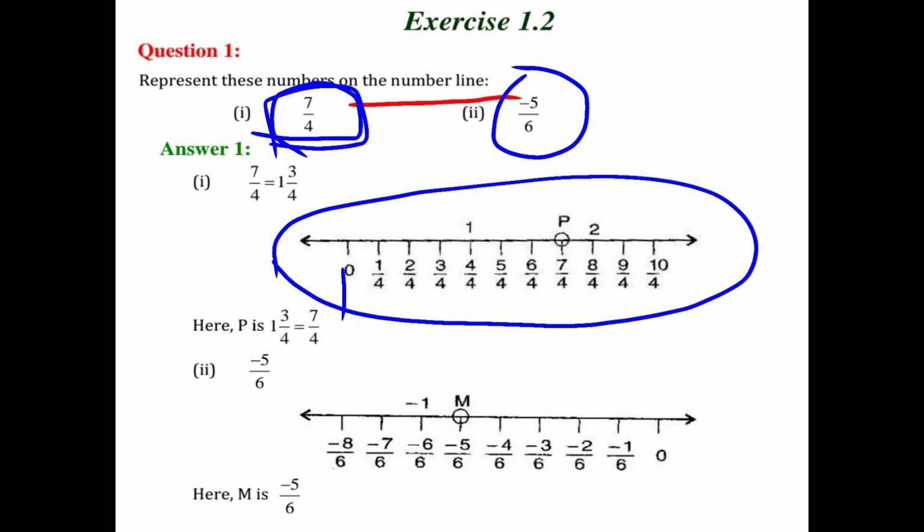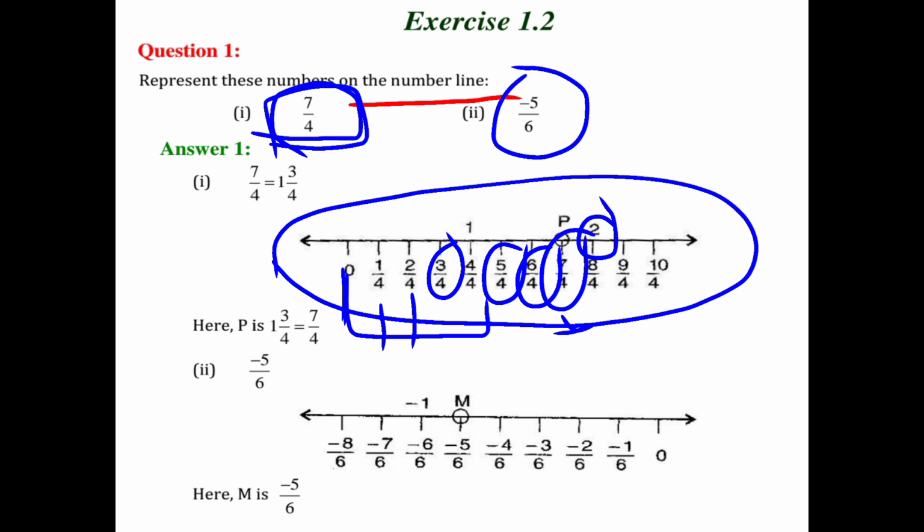Now since this unit distance is divided into four equal parts, the first point on the right hand side of 0 will be 1 by 4, then 2 by 4, then 3 by 4 and then 4 by 4, which is equal to 1. Then after 1, there will be another point, 5 by 4, then 6 by 4, then 7 by 4. So 7 by 4 is on the left side of the rational number 2, which is equal to 8 divided by 4.